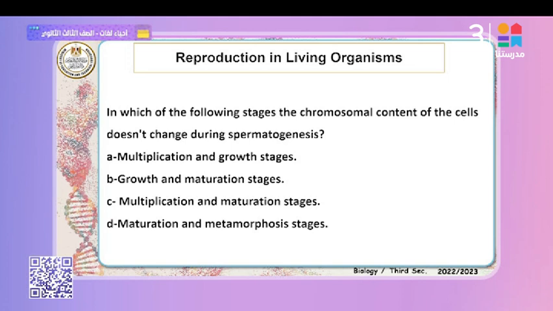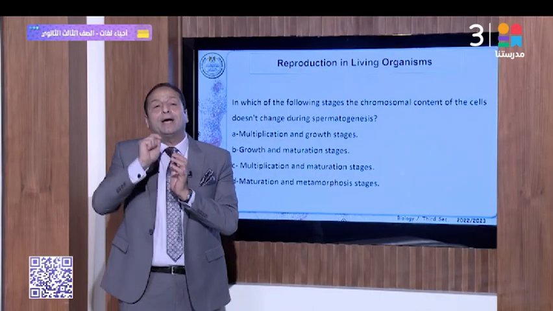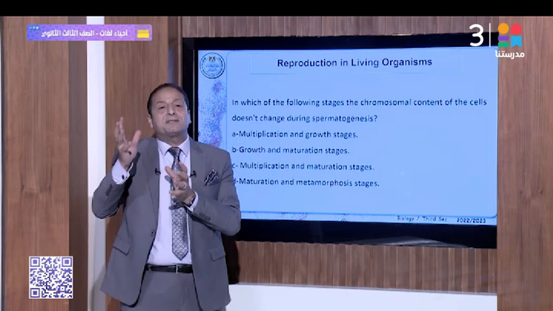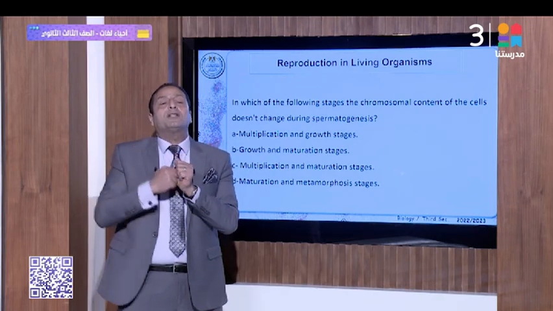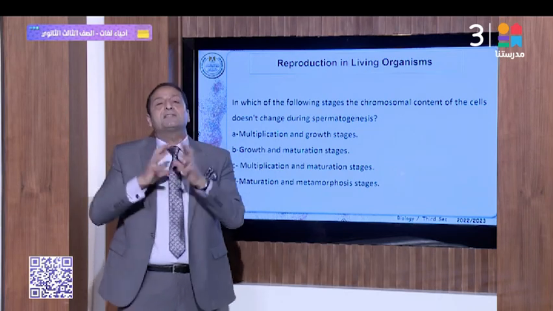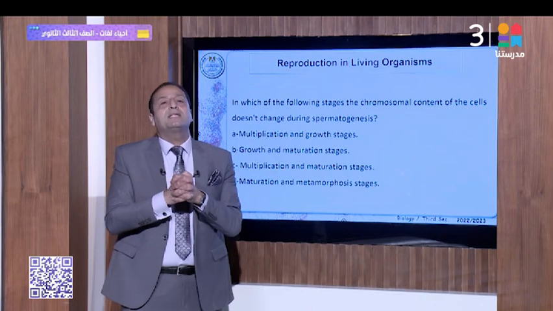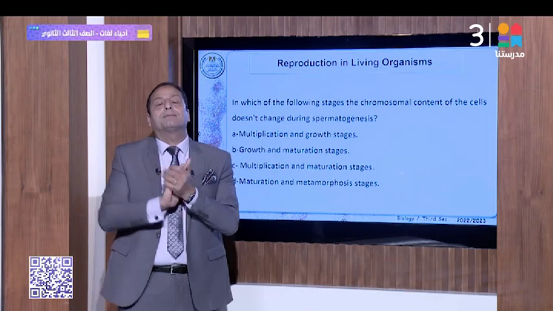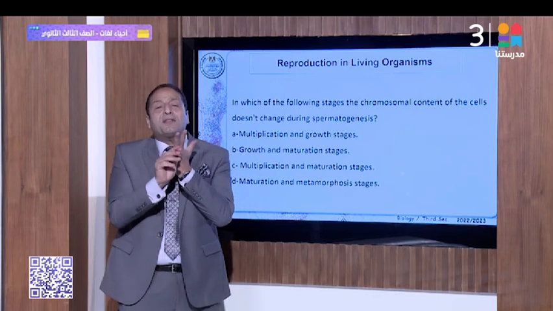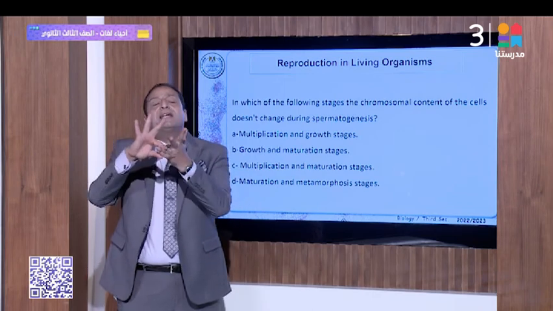Primary germ cells divide mitotically, forming a large number of cells called spermatogonia, 2N. Another stage is called growth. Spermatogonia increase in size, forming primary spermatocytes, 2N. These two stages, multiplication and growth, are related to the embryonic stage.